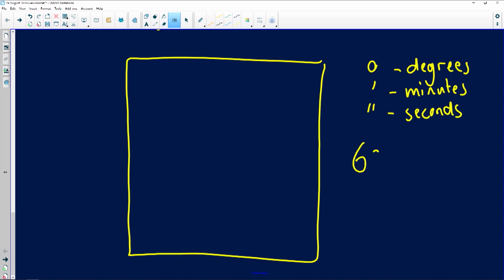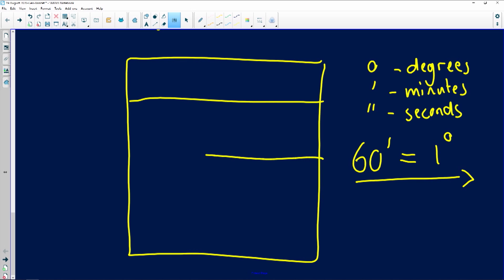If we're dealing with 60 minutes, very importantly, this is a key formula that you can always use: 60 minutes equals 1 degree. It creates confusion, especially when we move over that 60 minutes. So I'm just going to draw you a virtual map. These lines represent latitude. We discussed that.